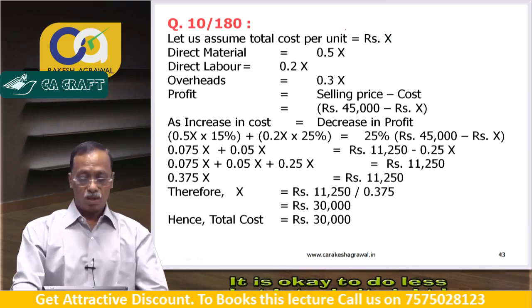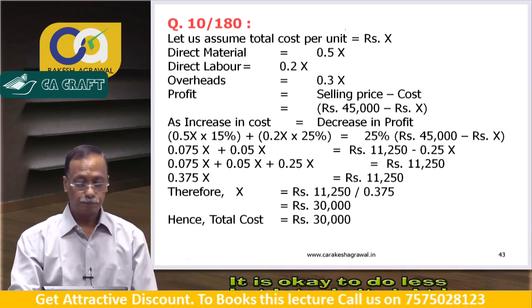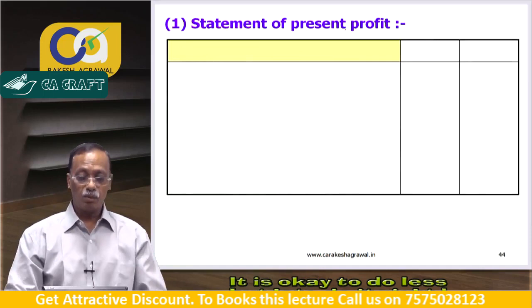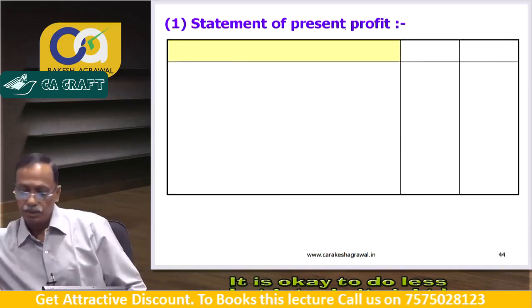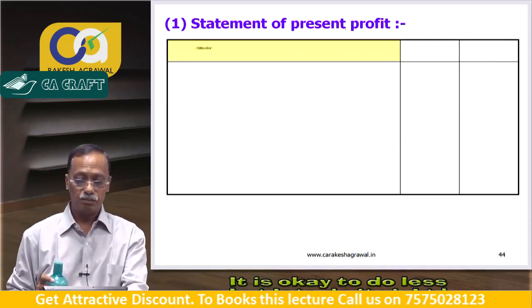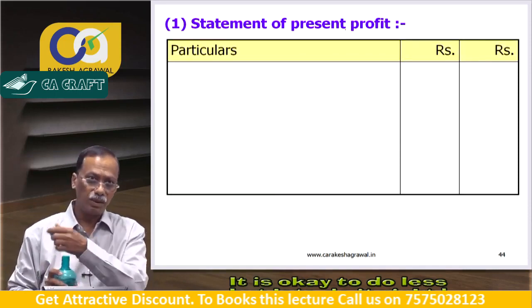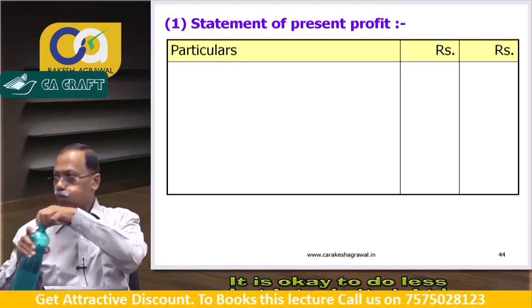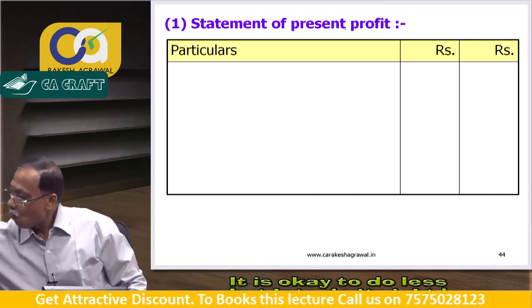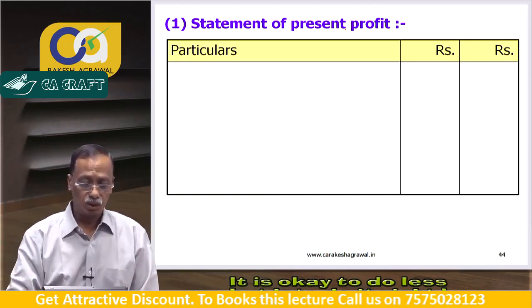Okay. Right. So total cost is 30,000. That is the value of x. Write down number 1, first answer, statement of present profit. Particulars, 2 columns, rupees, that is inner column and outer column. We'll write the breakup of cost in the inner column and then we'll take the total to the outer column.